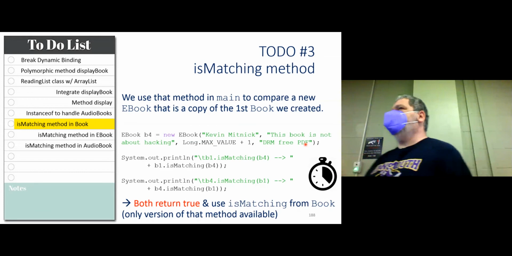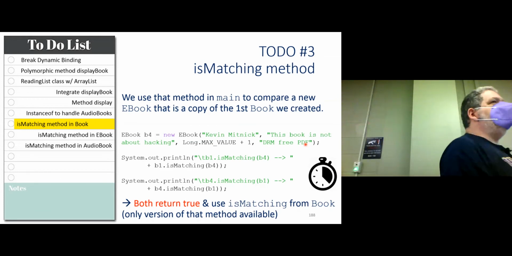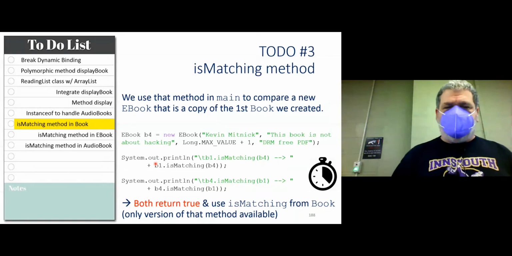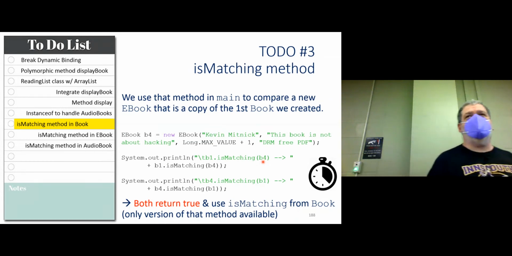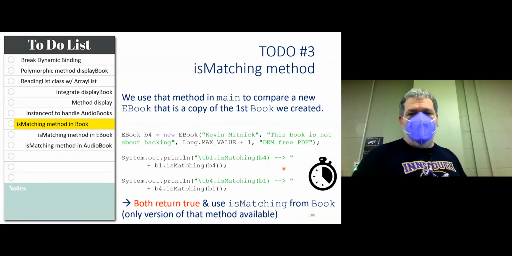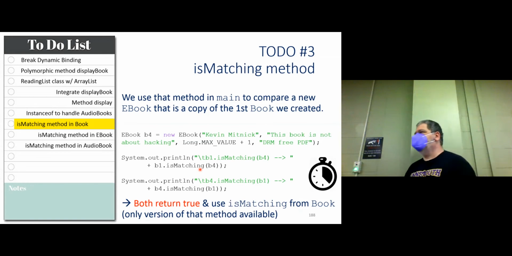And now that I have a book and an ebook that I know have the same title, ISBN, and author, I'm going to actually compare them. So System.out.println, B1.isMatching(B4). This is why it's important that the method returns a Boolean, otherwise we will not see anything. I'm going to display the result of calling this method.